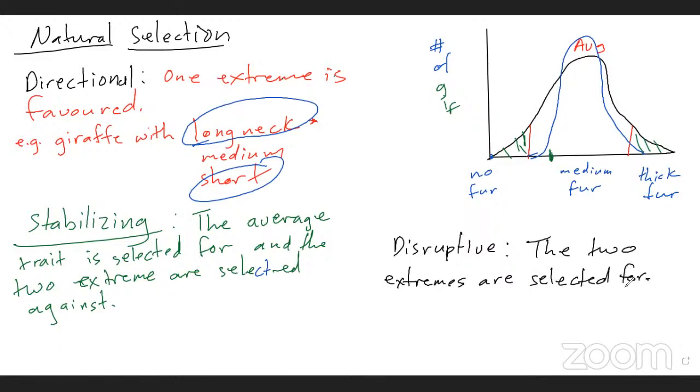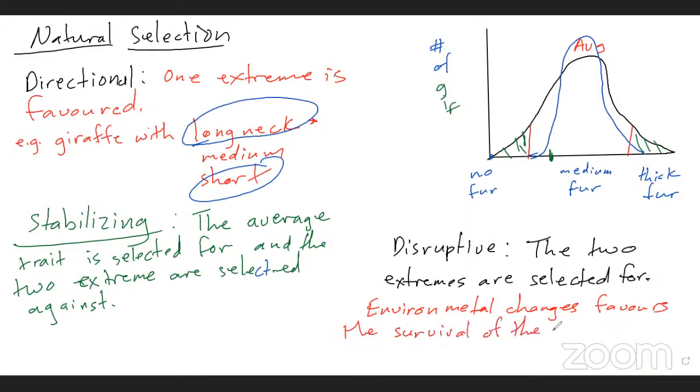By the way, when I put the two extremes are selected for, on the exam, don't just put that. You would say the environmental changes favor the survival of the organisms with the two extremes, right?